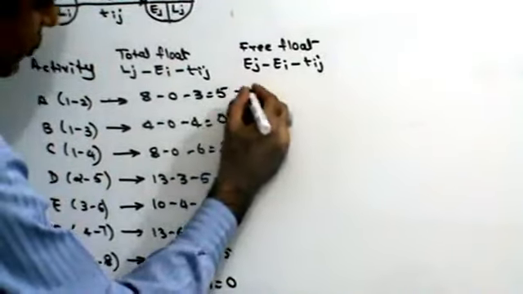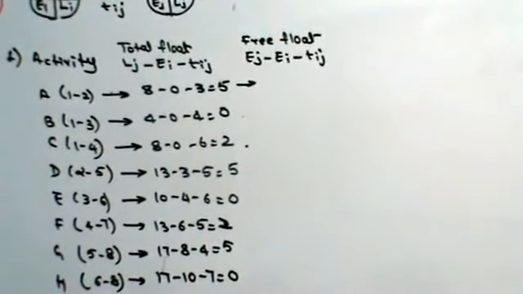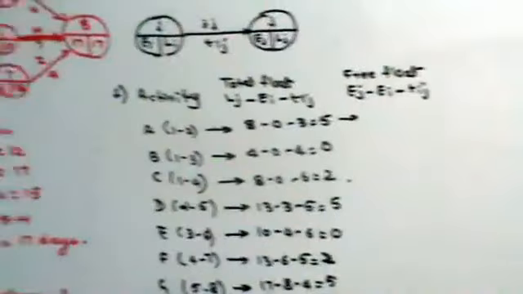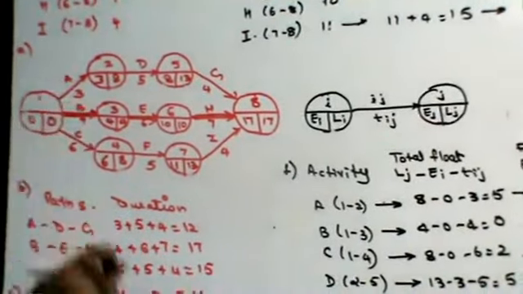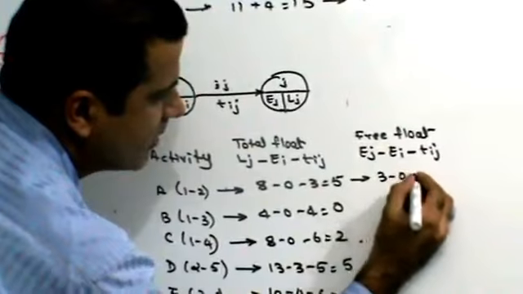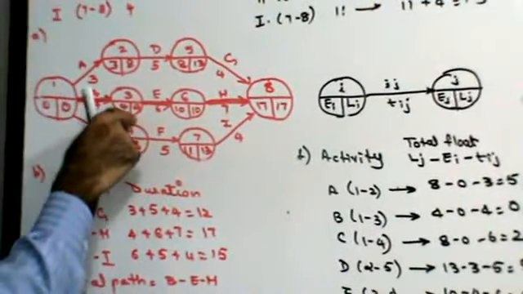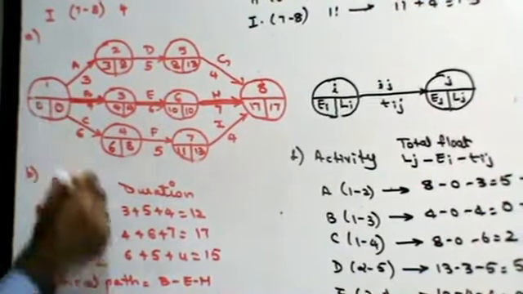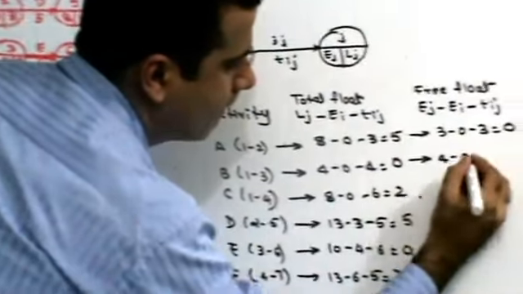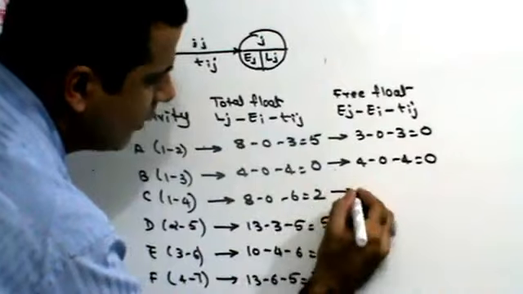Let's check this. For activity A, 3 minus 0 minus 3, that's 0. For B, 4 minus 0 minus 4, which is 0.